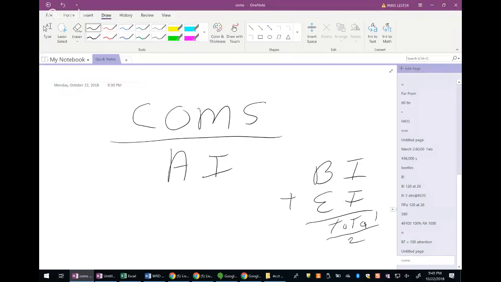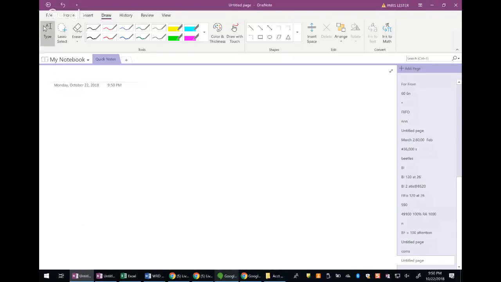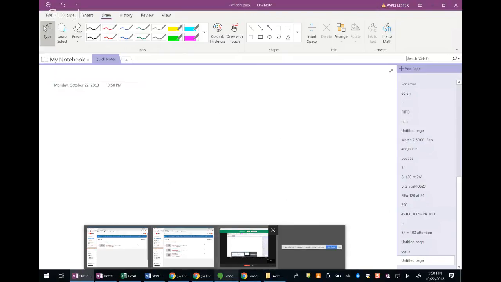I would actually expect it to be lower. Okay, what's the average inventory for Apple? 62.82. How much? 62.82.